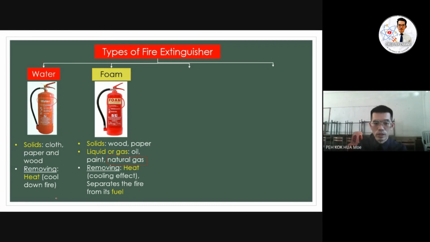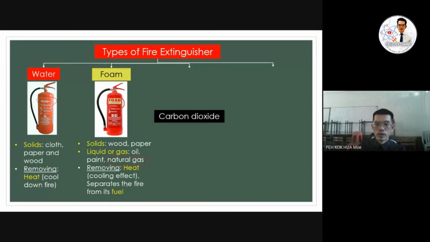So foam is able to remove the heat by giving a cooling effect just like water, and it can also separate the fire from the fuel. So that means the foam type of fire extinguisher is able to eliminate 2 components of the triangle, which are the heat and the fuel.